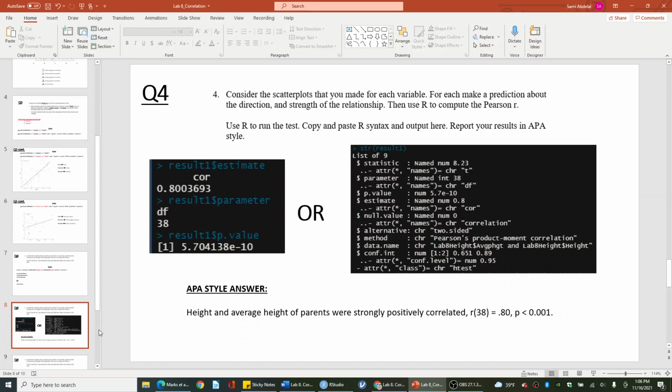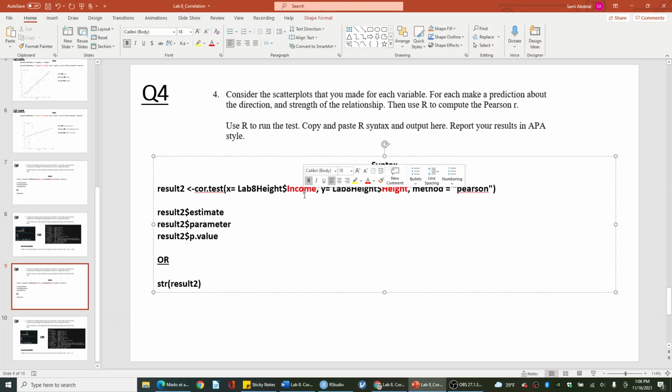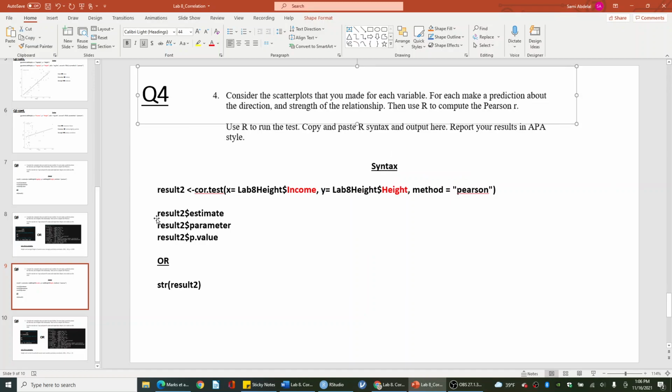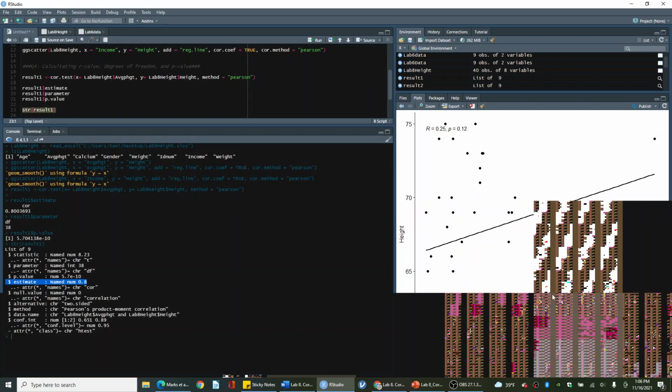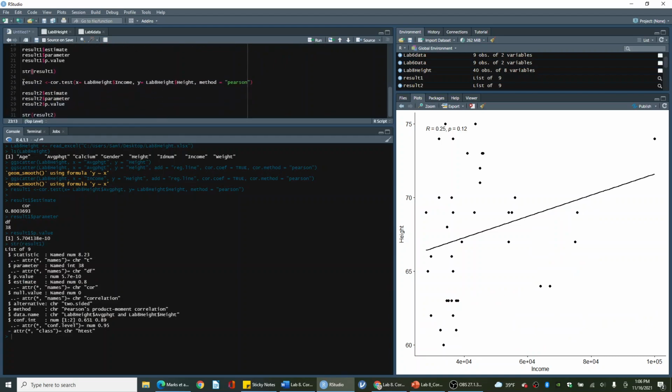So that's what we got, and then we'll do another one here. Almost the same exact thing to a T. The only difference is we're going to be using income now for our x-axis. And again, you can get these results in one of 2 ways. So let's go back to R. And then we've got this here.